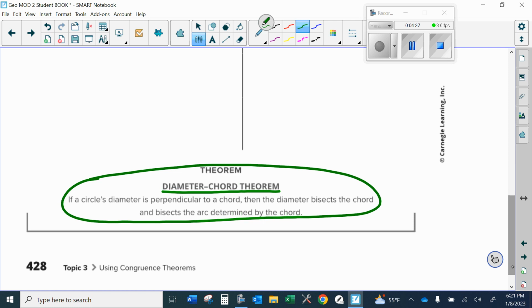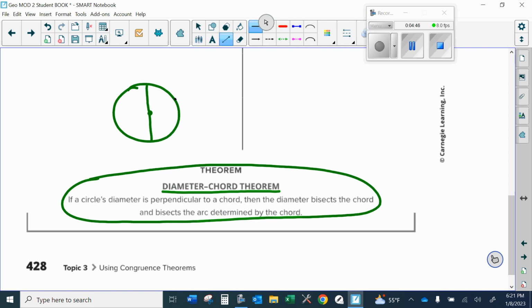So it says if a circle's diameter, so I have a circle here, and if its diameter, remember diameter has to go through the center, the longest chord of the circle, you should remember that. If this circle's diameter is perpendicular to a chord, so now I go ahead and put any chord in, and it's perpendicular to that chord. Boom, now it's perpendicular to the chord. That's the given.